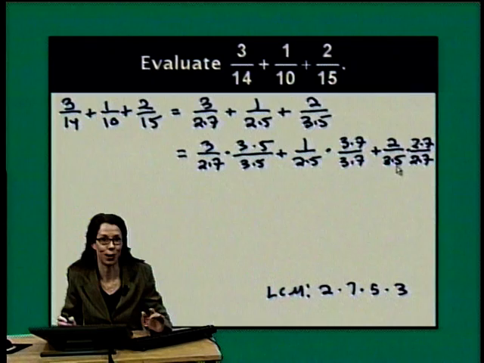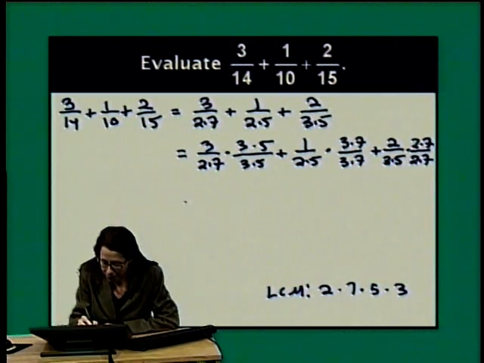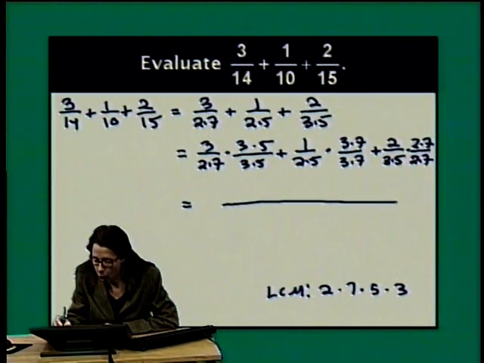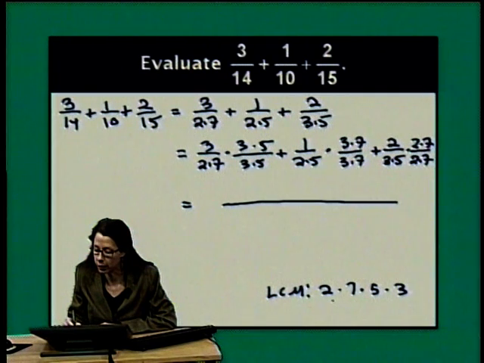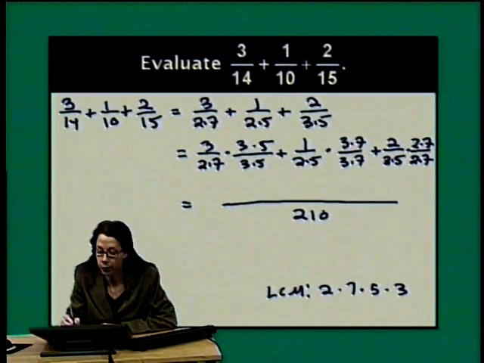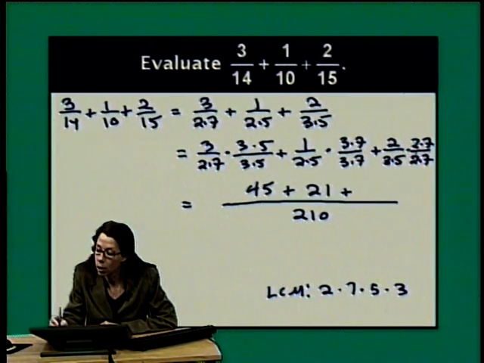Now it's time to do arithmetic. So my common denominator is going to be, let's see, 2 times 5 is 10, 70, 210. In the numerator, I have 9 times 5, which is 45, plus 21, plus 8 times 7, which is 28.